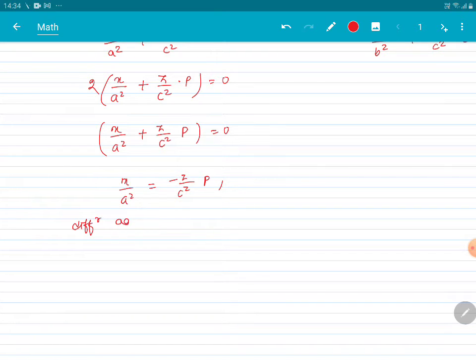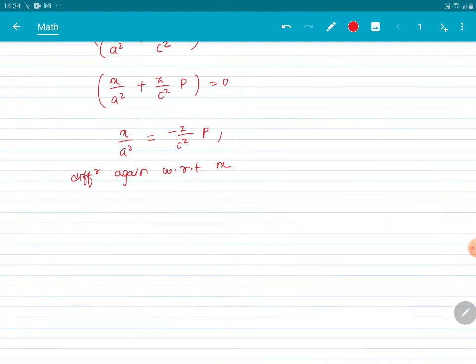So what is that? Derivative of x is 1. Derivative of a square remains a square. This is actually the UV rule, z p. So the UV rule, what is the derivative?